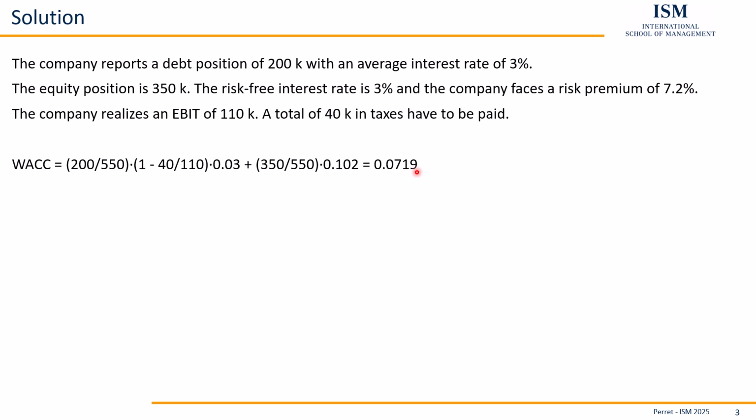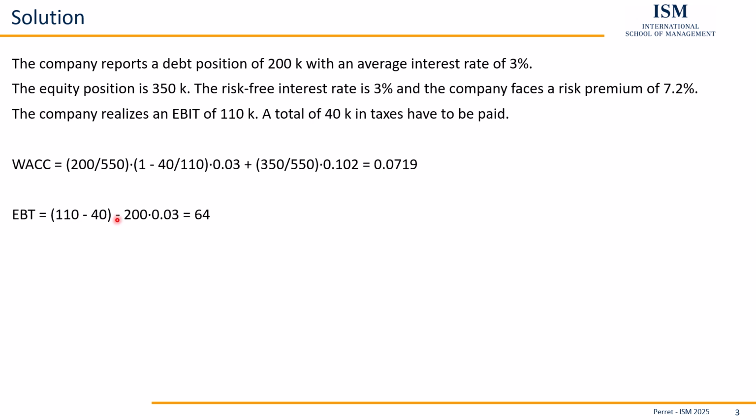Now we can go on with evaluating our earnings. And first we consider just the debt position. That's with the EBT. So first we have to take our EBIT, clean it off the taxes. So we will always go with this part first, which is more or less in this case the approximation of the NOPAT, which is simply EBIT minus taxes.